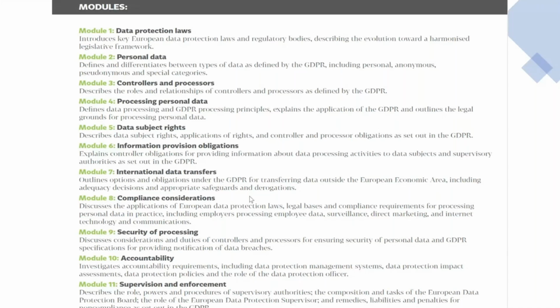The second type of question is a short scenario question. You will be given a 2-3 line short scenario, and you will be required to answer the question. The entire 90 questions will be objective type. There are four answers, and there is only one right answer. There are no select-multiple type questions.